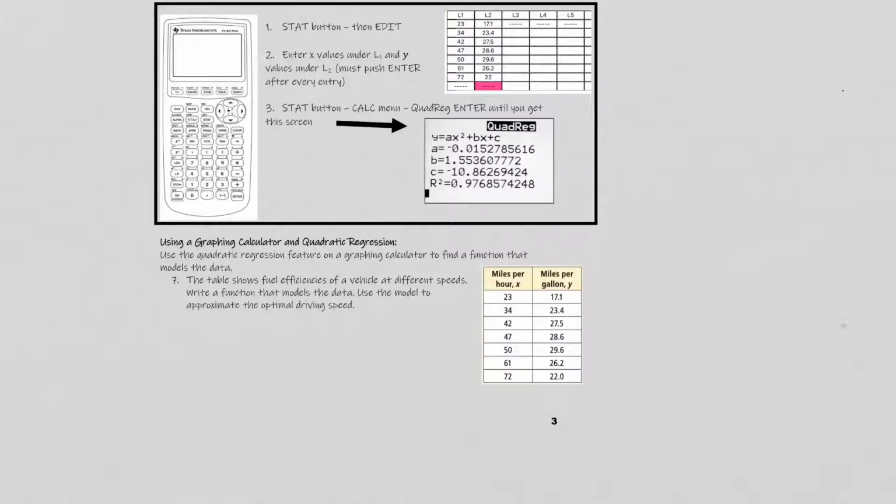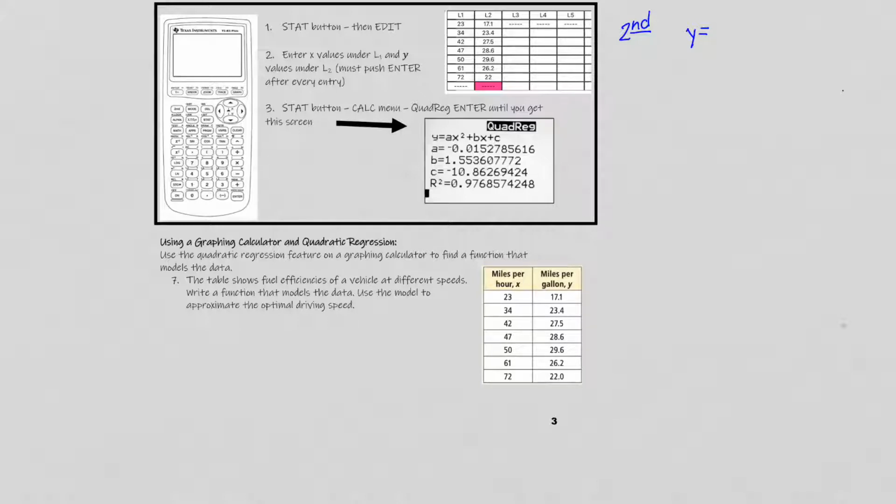All right, I want you to go to your stat plot. I want you to turn it on. So I want you to push the second button and then the Y equals button, okay? Above it in blue, it should say stat plot.